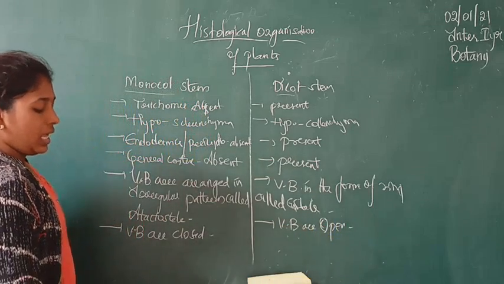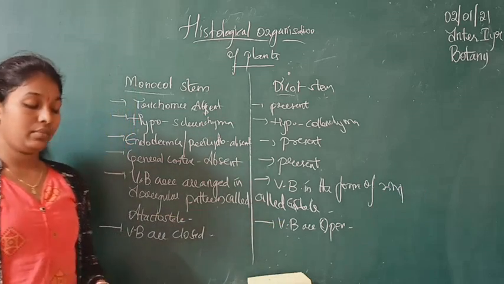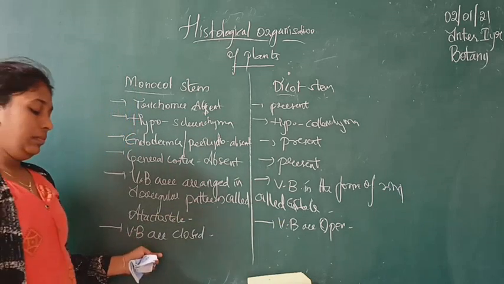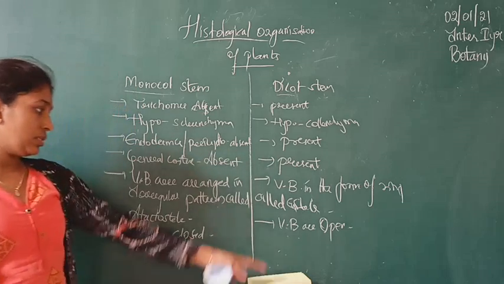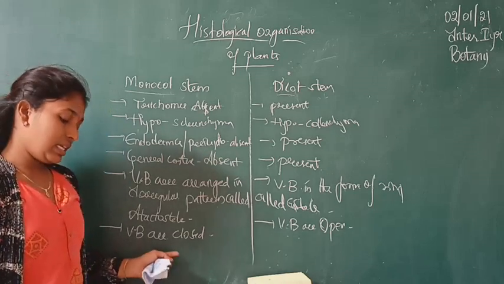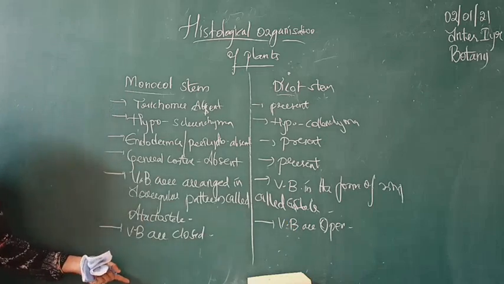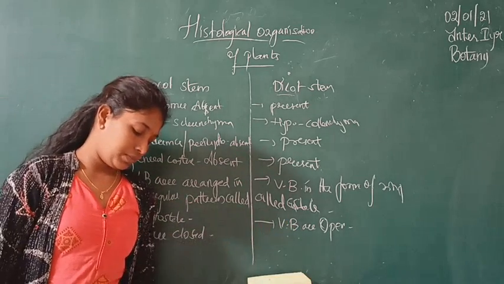Xylem vessels are few in number here, and more in number there. Protoxylem lacunae is present here, and absent there. Medullary rays absent; medullary rays are present. Pith cavities are present; pith cavities are absent.